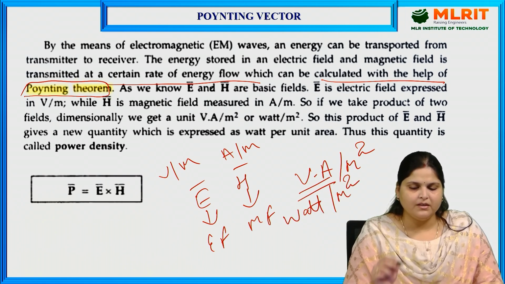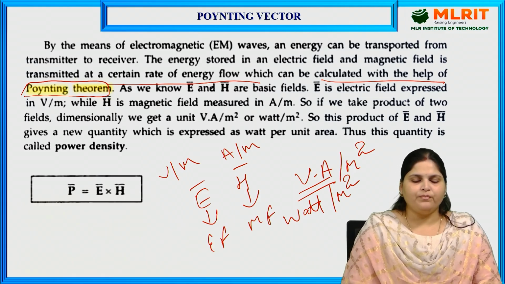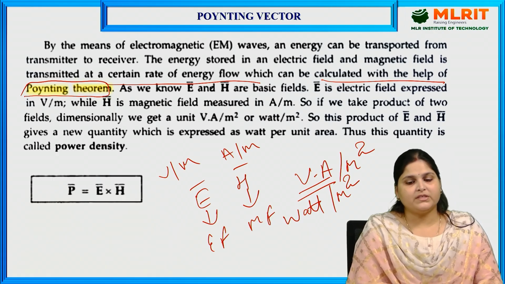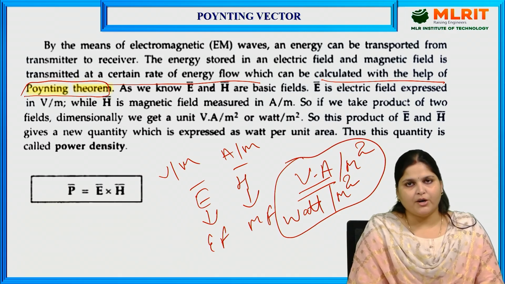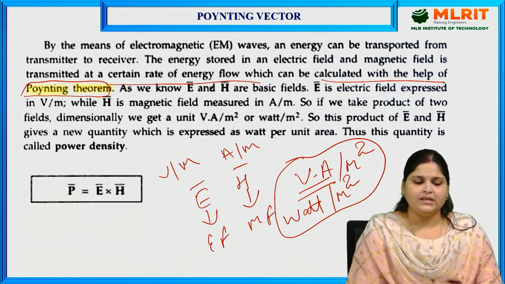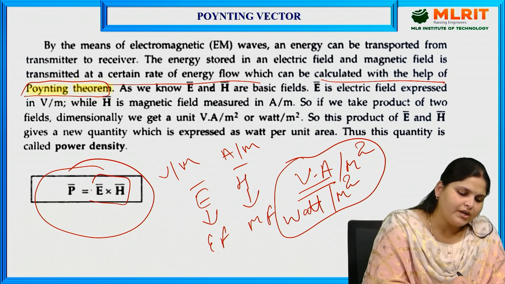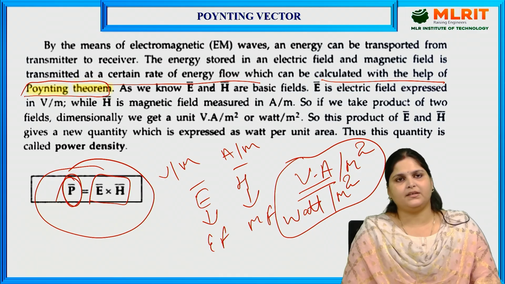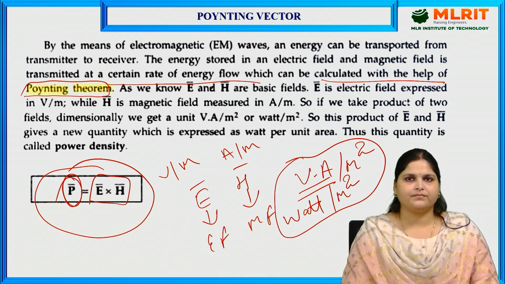So we are getting watt per meter square, right? So this product of E and H gives us a new quantity, expressed in volt ampere per meter square or watt per meter square, or we can say watt per unit area. And this quantity, the product of E and H, is called power density, and it is expressed by P bar, right?